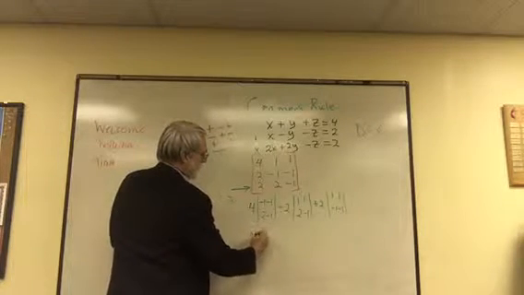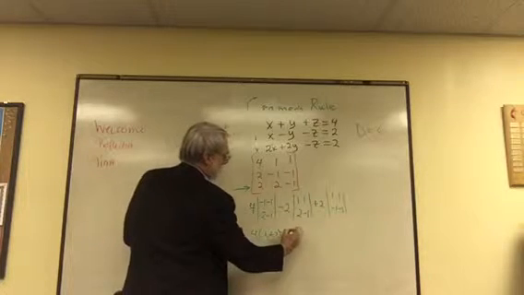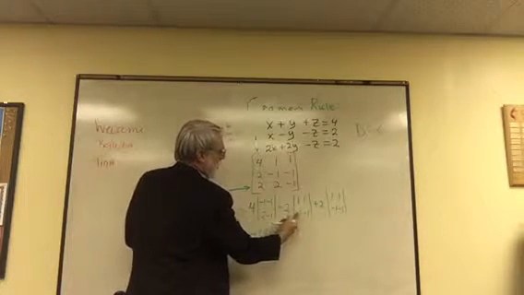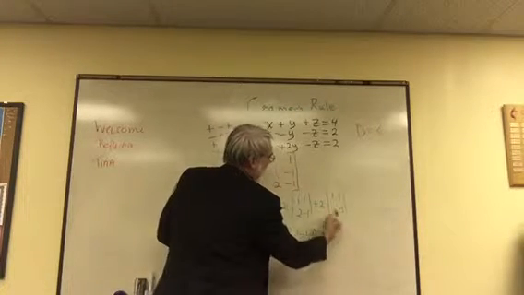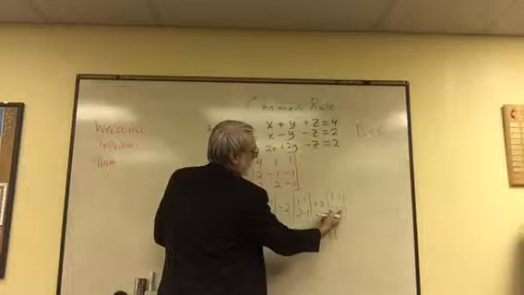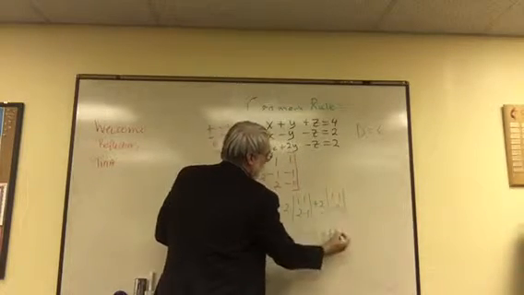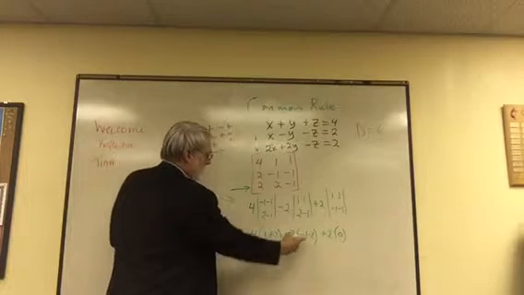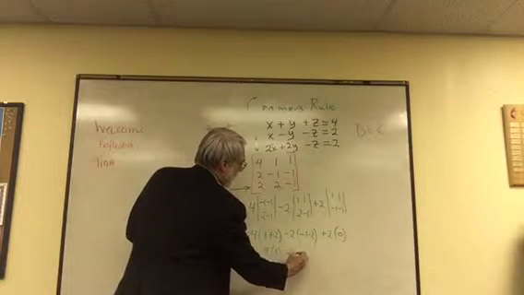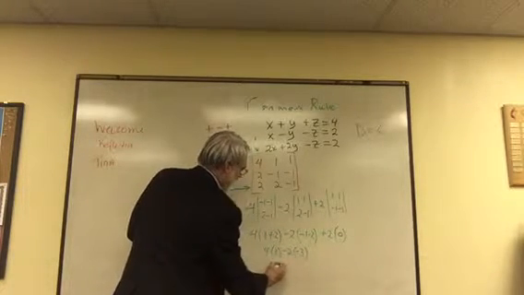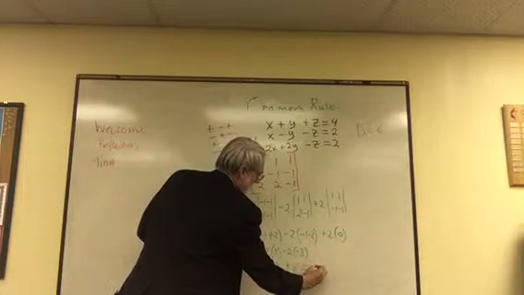So this becomes 4 times 1 plus 2, minus 2 times negative 1 minus 2, plus 2 times negative 1 minus negative 1, which is negative 1 plus 1 is 0. So we'll only have to deal with this. This is 4 times 3 minus 2 times negative 3. So that's 12 plus 6, 18.